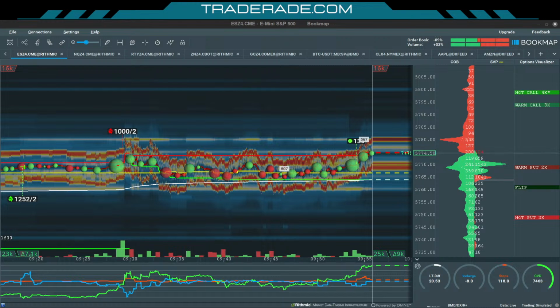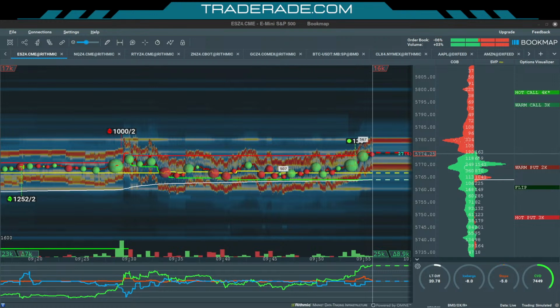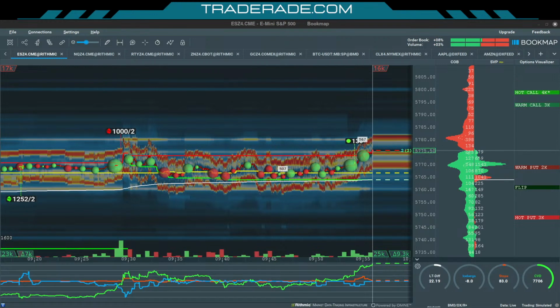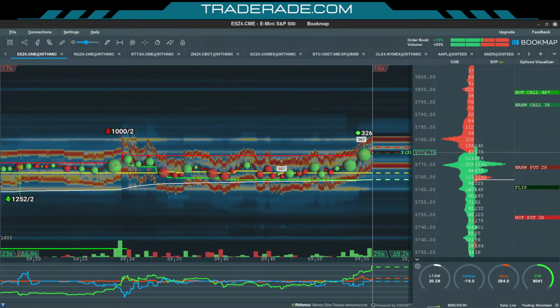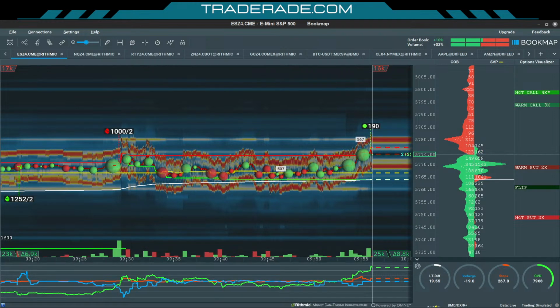Jamie Dimon coming out saying deficits are inflationary and need to be dealt with. The Fed was right to take the foot off the gas with a 50 bip cut. I would think that would be them putting their foot on the gas with a 50 bip cut, but maybe I'm missing something. He goes on to say soft landings are difficult. I hope it happens, but not assured. Interesting.